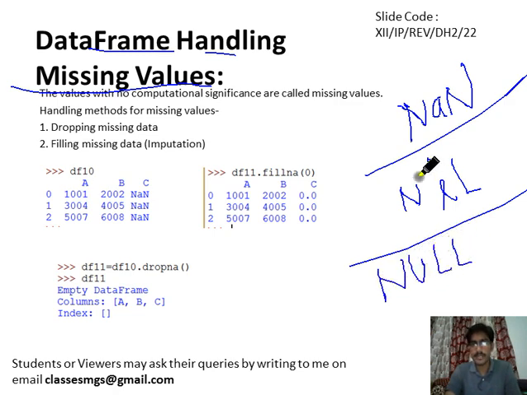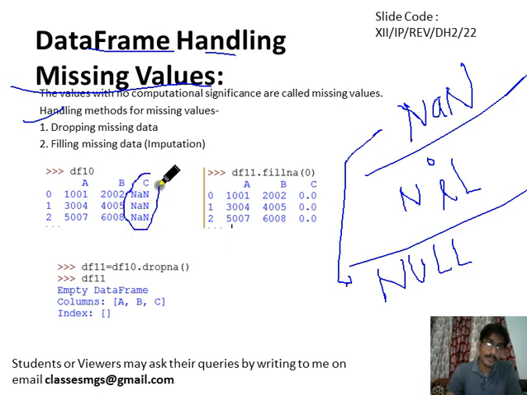So these are representations of not a number, not a value. There is nothing. So handling missing data means if a NaN is present in the data frame, and you want to delete all such columns or rows that have the NaN value, then in that case you will use dropping the missing data.